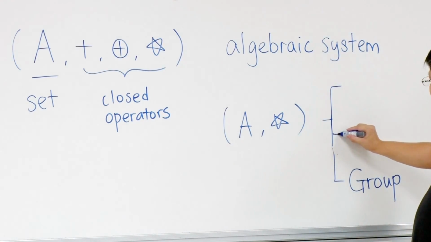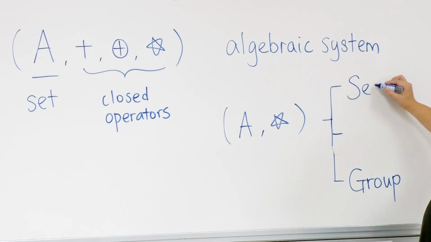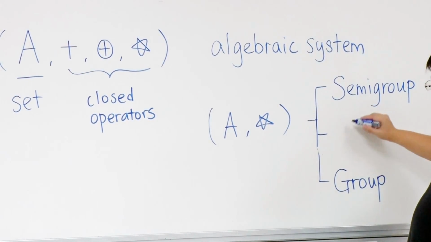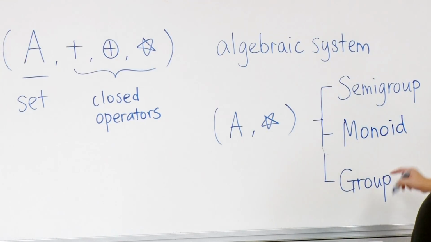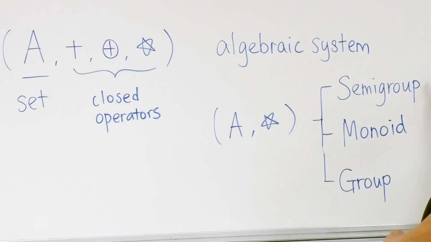But we are going to define simpler things first. The first one is what is called a semi-group. After that, we will define what is called a monoid, and after that we will look at the group. So what is a semi-group?